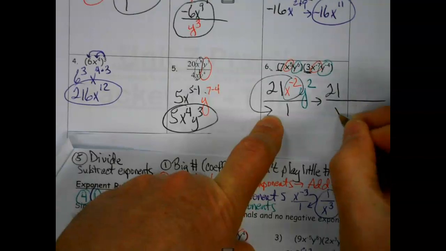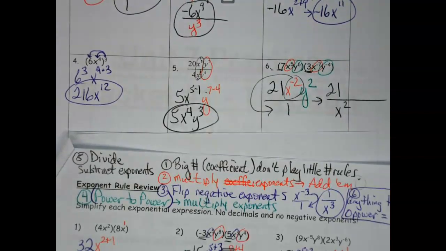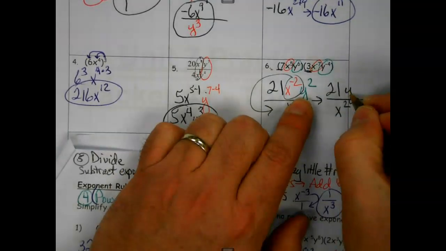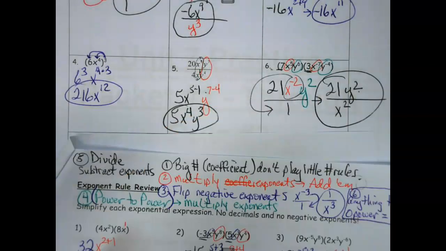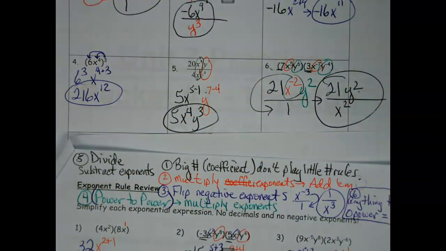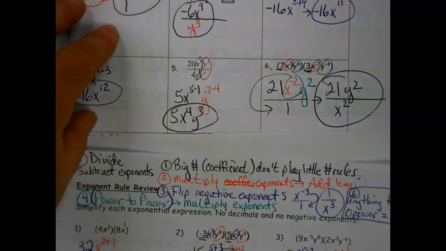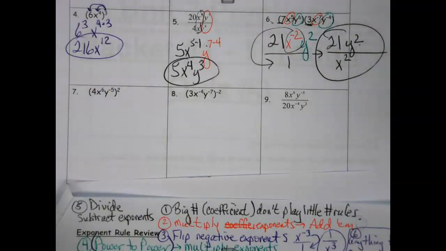It is acting negative. We don't like negativity. We want to make this positive. So we're going to do positive 2. And we're going to leave the y squared alone because it's positive. Don't flip the positive stuff. You know, if that variable's doing the right thing, leave it alone. And once everything's positive, we're happy. They're happy, they're positive, we're happy, we've got the right answer, and we're all right.